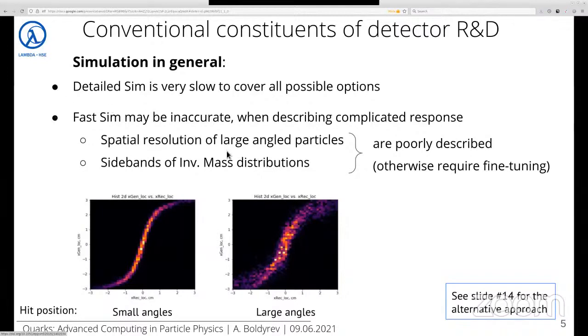For example, the spatial resolution of large-angle particles or the sidebands of invariant mass distributions are poorly described by the majority of fast simulation techniques. Otherwise, fast simulation requires fine-tuning. We provide an alternative approach, which we'll see later.